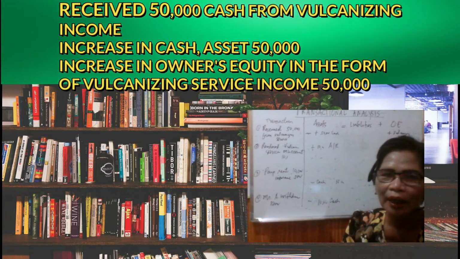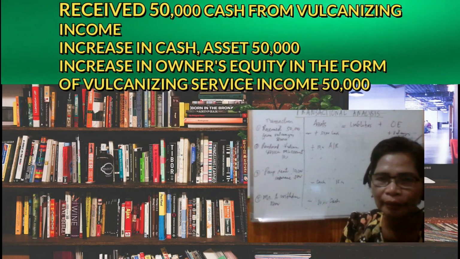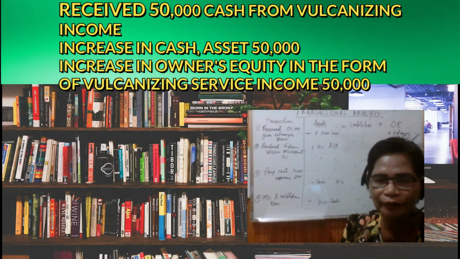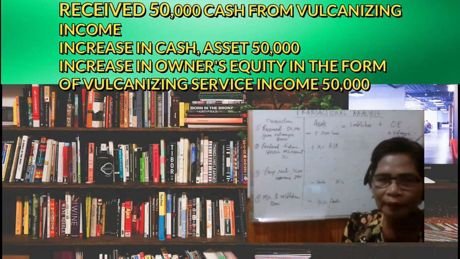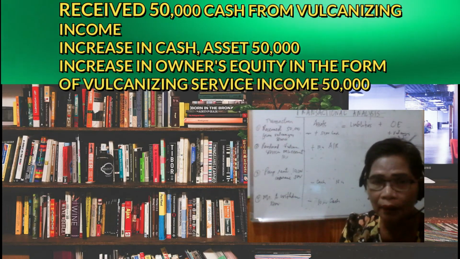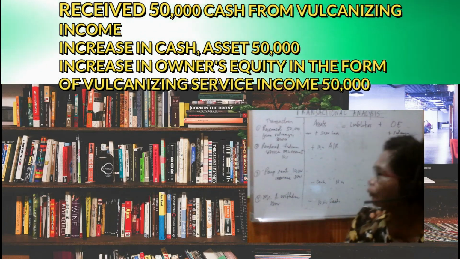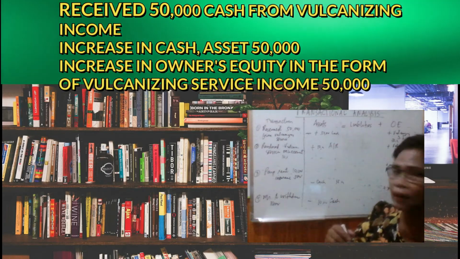All right. So in this transaction number 5, Mr. A, or the business, received 50,000 from rendering vulcanizing services, and this time he received cash of 50,000. So what did the business receive?